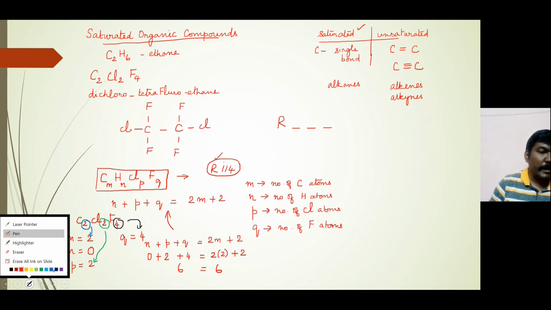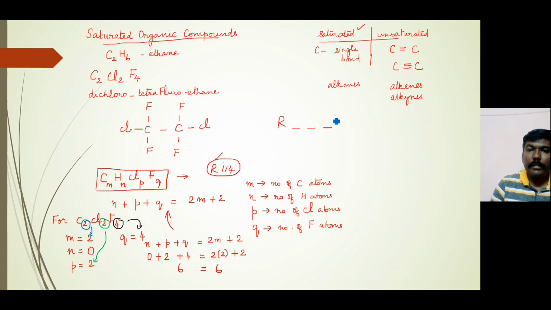For the last digit, this is going to comprise the number of fluorine atoms, so this is simply going to be your Q. The number of fluorine atoms that we have here is 4.